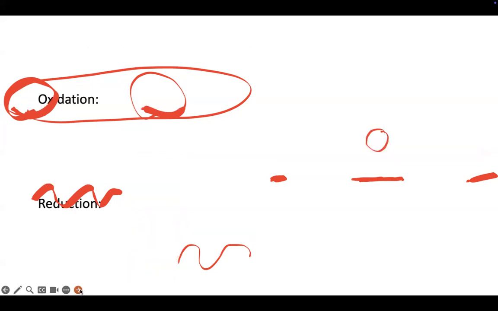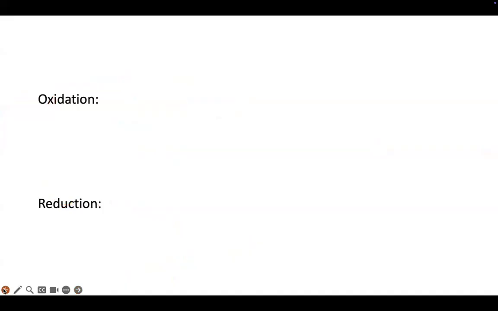All right, and then this is just a random slide here, but we just need to talk about it real quick. So on the exam, you have to define reduction, I think it is. They always kind of switch it between oxidation and reduction because these two terms are like opposites of each other. So we'll just define what they are.